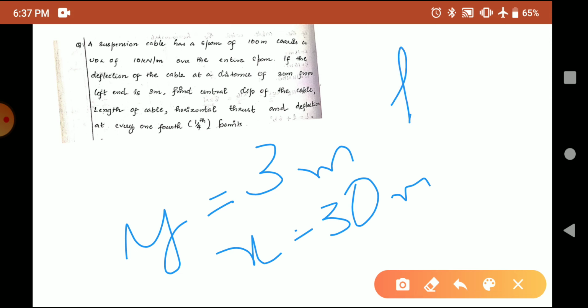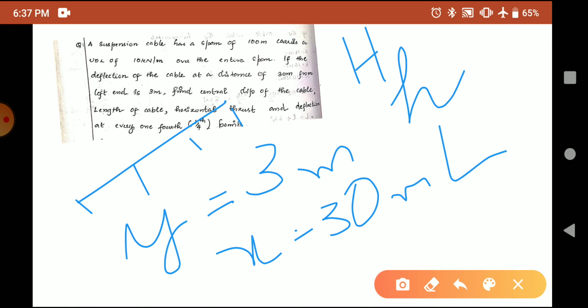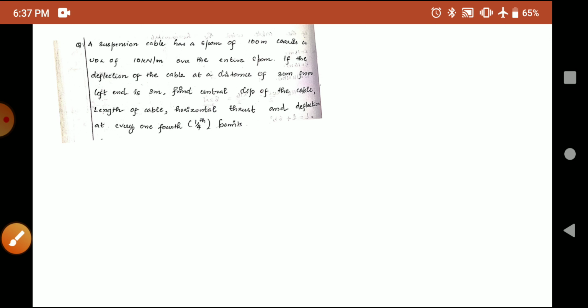You are asked to find the central dip small h, length of the cable capital L, horizontal thrust capital H and deflection at every 1/4 of the point. So total length is 100 meter, so for every 25 meter you have to find the deflection.